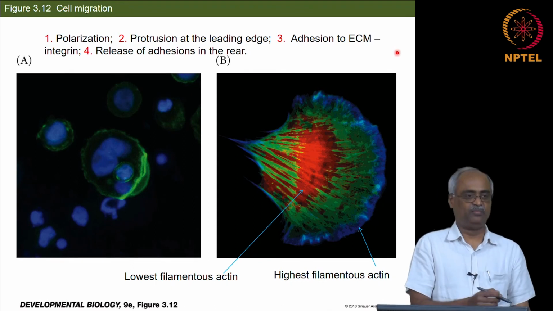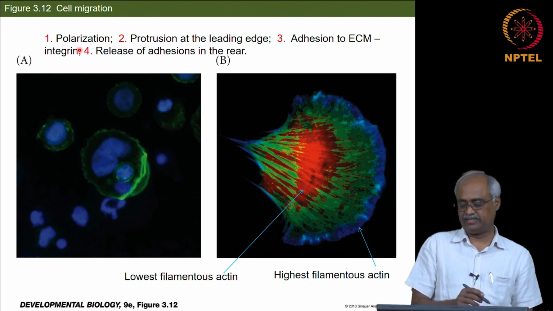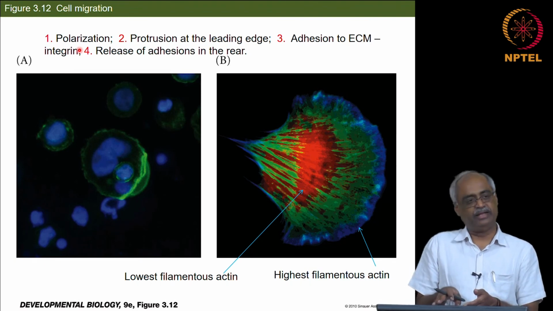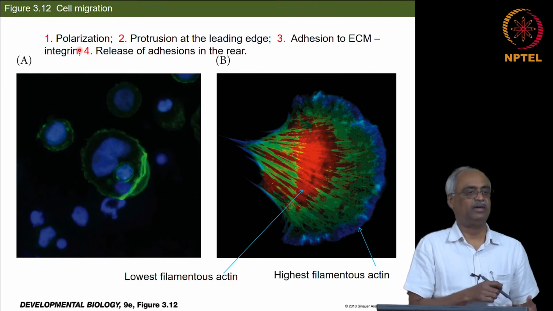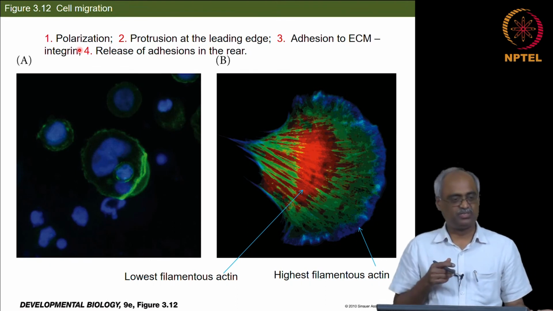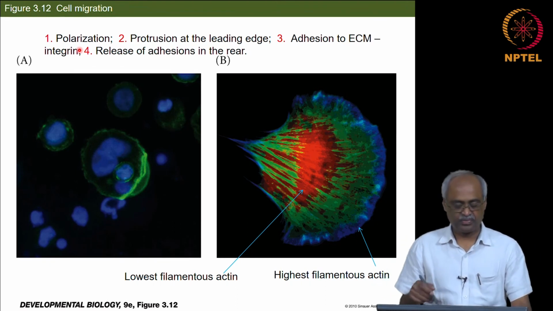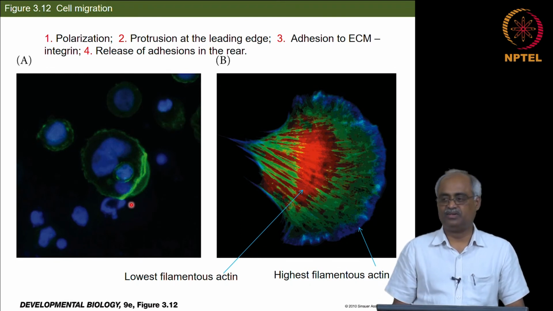Then the other side, the posterior. Once polarization happens, you have an anterior and posterior. Here let us say the anterior is the one in the direction of migration, and from the other side you need to get rid of the adhesions. So, these are the 4 steps, and how are these 4 steps brought about? It is primarily by reorganizing the actin cytoskeleton.